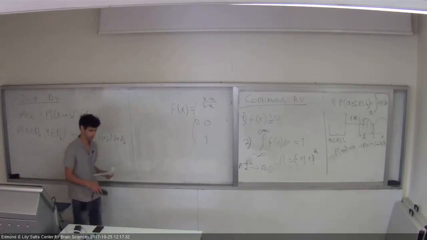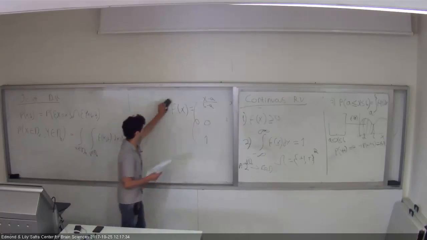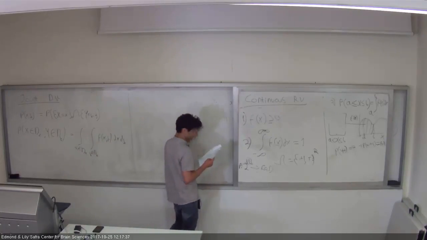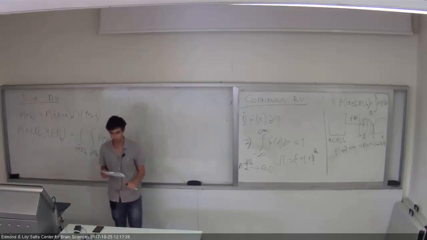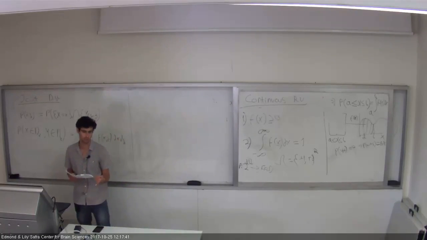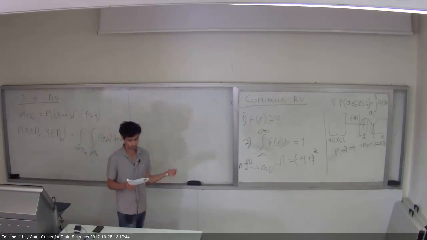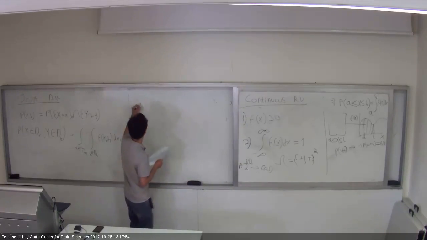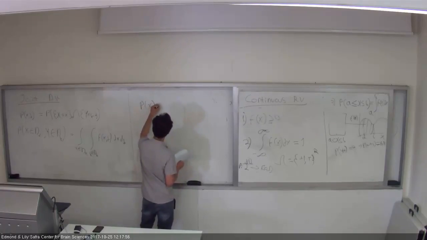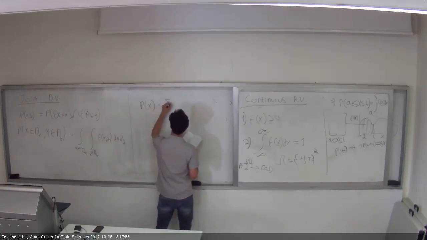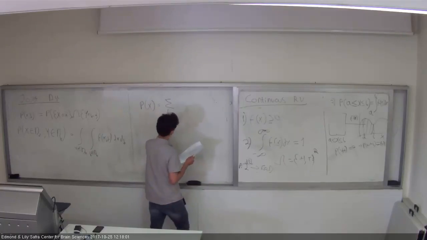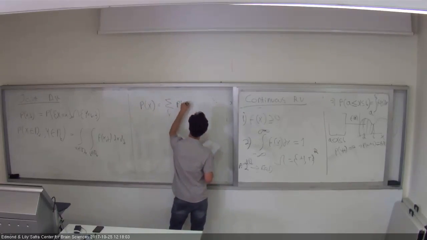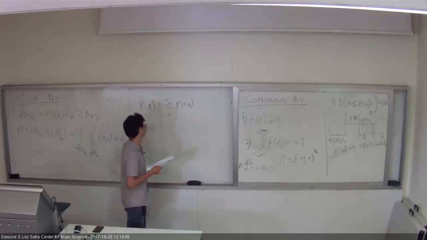Now we say that the marginal distribution of x is equal to, how do we get the marginal from the joint distribution? Yeah, right. In the discrete case, p of x is equal to the sum over all the values of y of p of x, y.